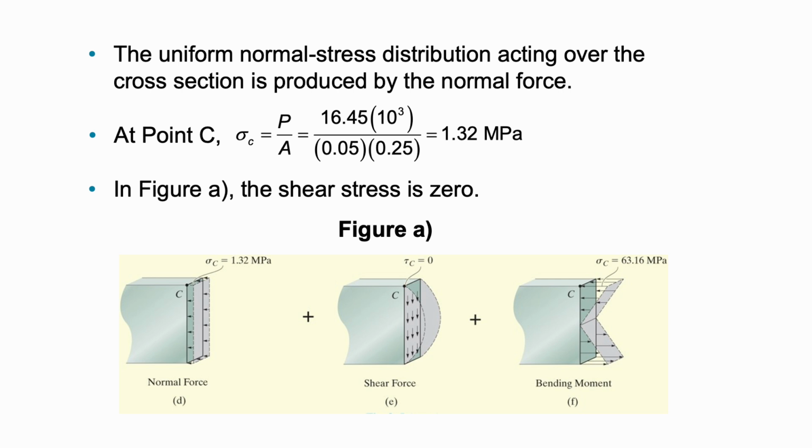Regarding shear stress at point C, we will not have shear stress because it is at the edge, and the maximum shear stress will be in the middle of the cross section. So our shear stress is 0.